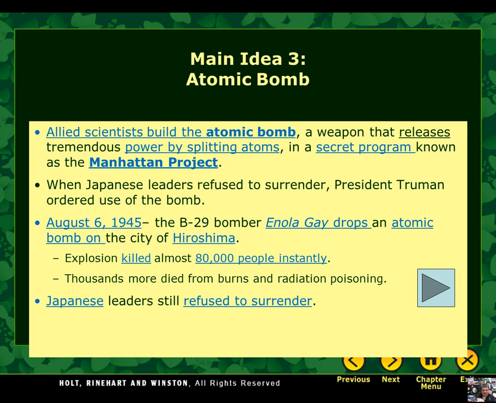But Japan had not. And so President Harry Truman had to come to a decision: drop this enormous weapon that would cause a lot of devastation, or continue with the war.